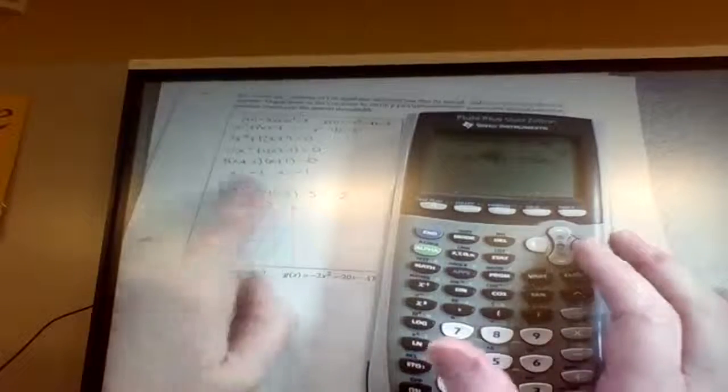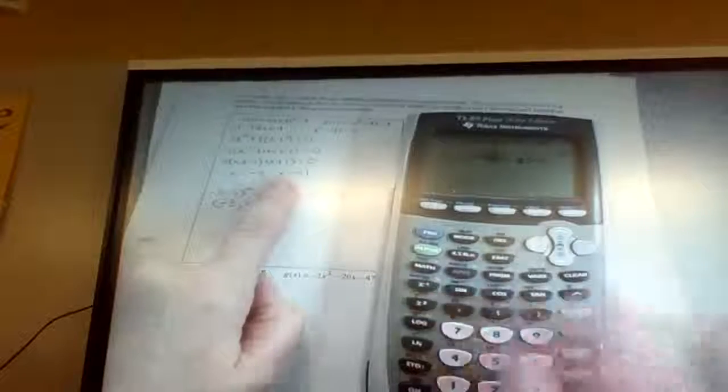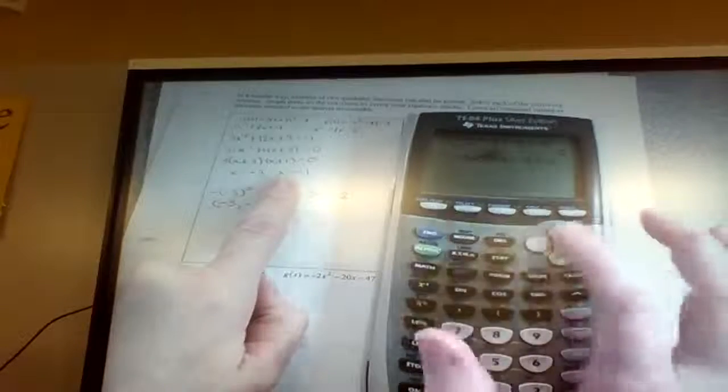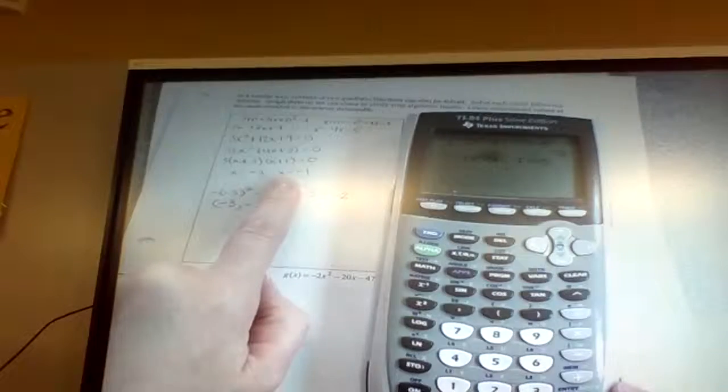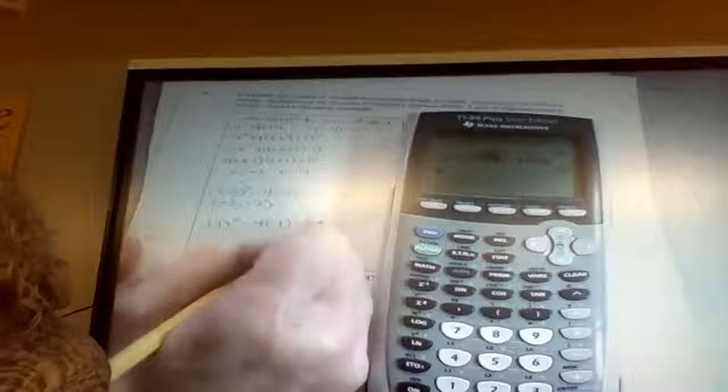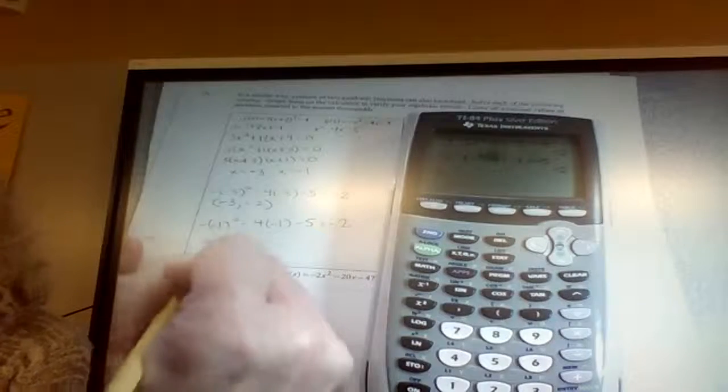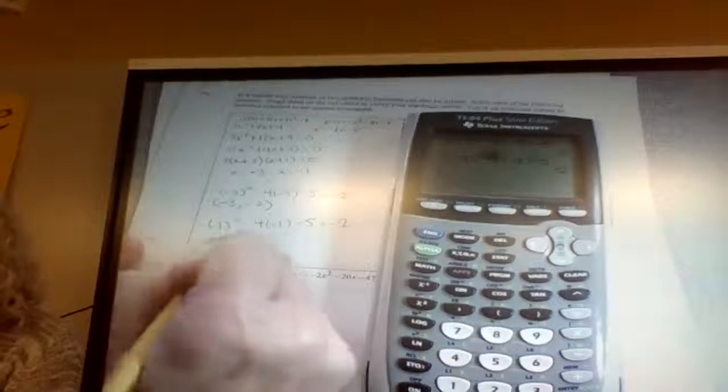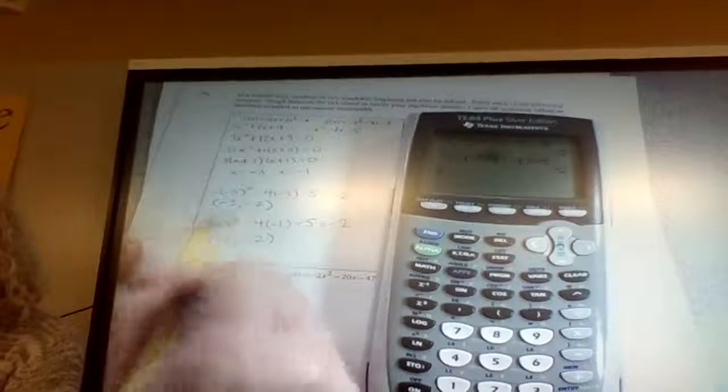So I'm going to change that to a 1. It's the same problem. Enter. Hey, that one's also negative 2. So that's negative 1, negative 2. Those are my two answers.